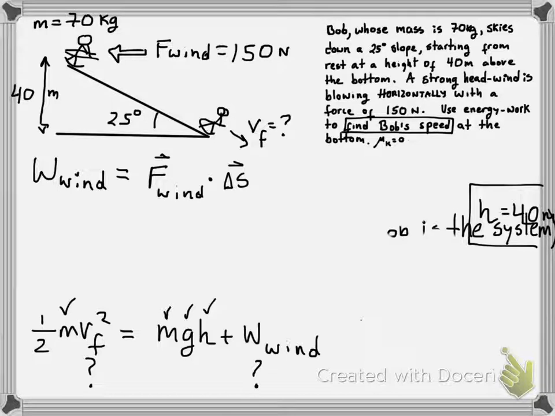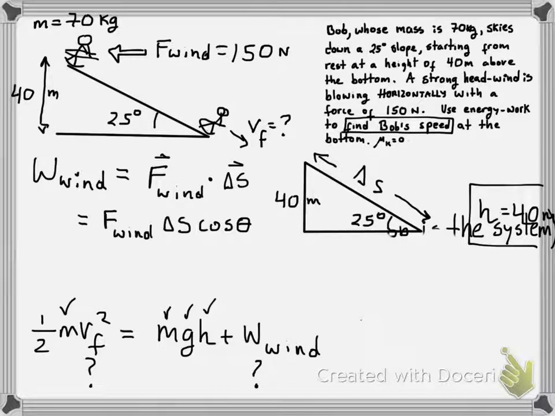That's how the work is defined. The dot product between two vectors can be expressed as the magnitude of one vector, that would be the magnitude of the force of the wind, times the magnitude of the other vector, in this case the displacement vector, so what distance was covered between the initial and the final, and we need the cosine of the angle between those two vectors.